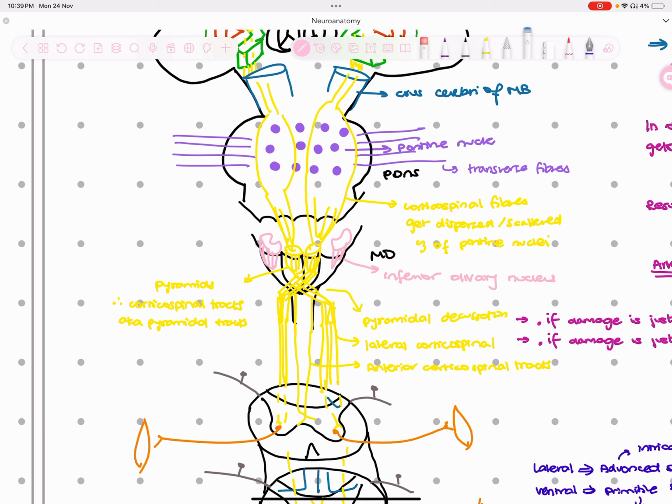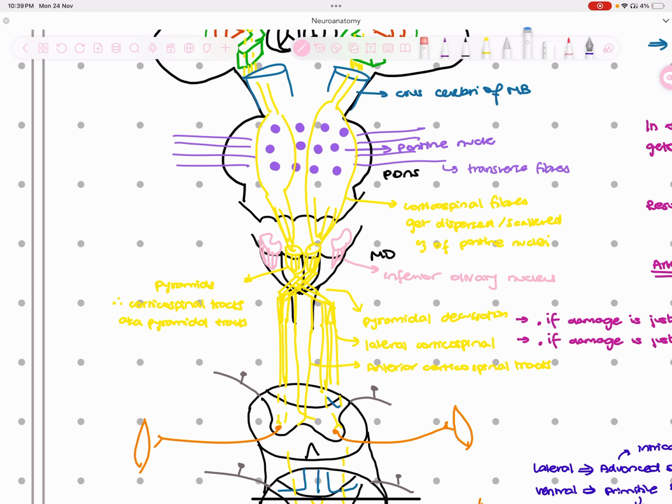So first they enter the anterior white column, and then they cross over and go to the anterior gray column.